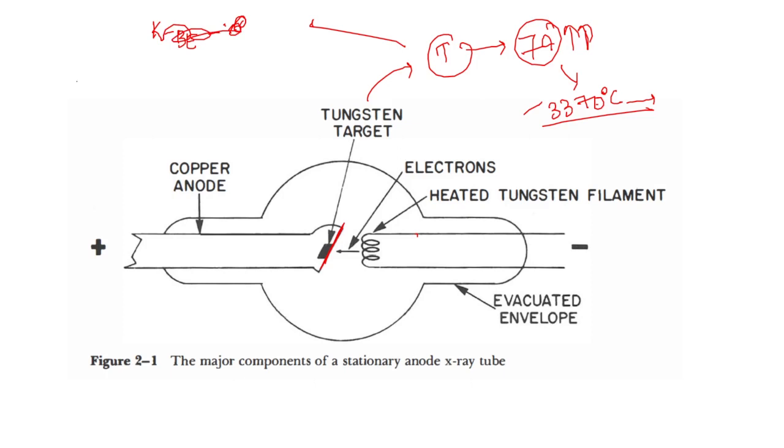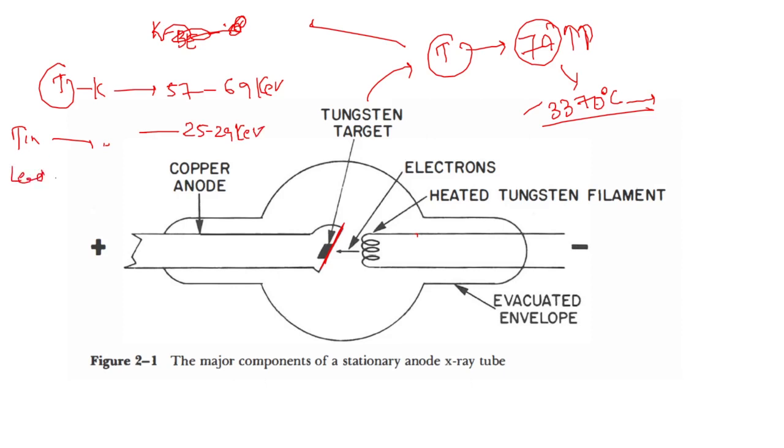For tungsten, the K shell characteristic X-rays will range from 57 to 69 kilo electron volts, whereas for tin, the K shell characteristic X-rays will be around 25 to 29 kilo electron volts.